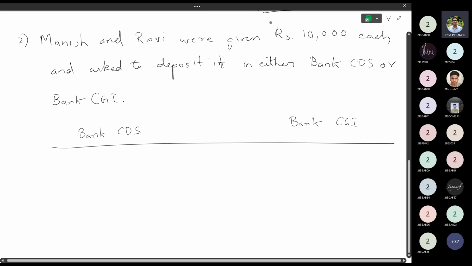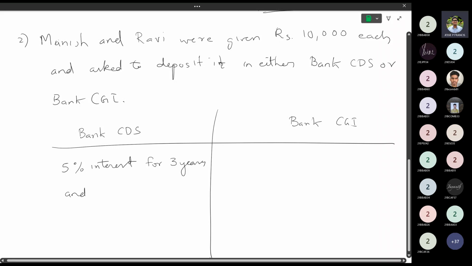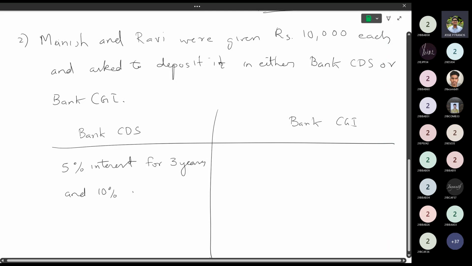It gives 5% interest for 3 years, and let's give 10% after that.